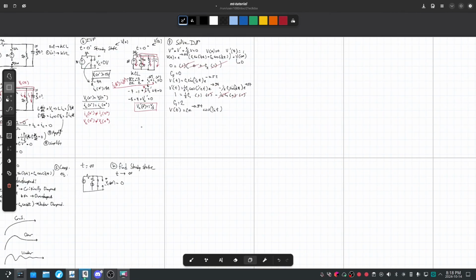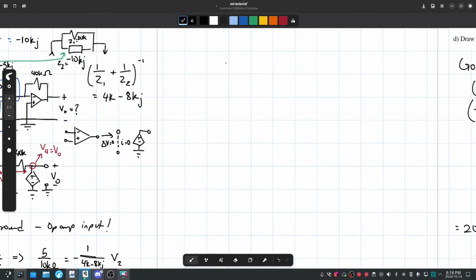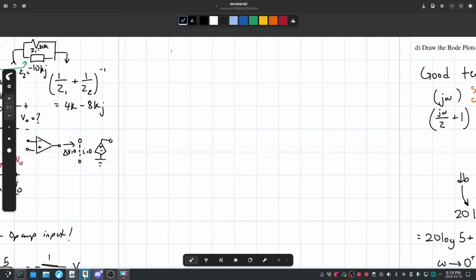Can you do a quick rundown on your op-amp drawing? Yeah, sure. I'm just going to write this here. My method of op-amp drawing.